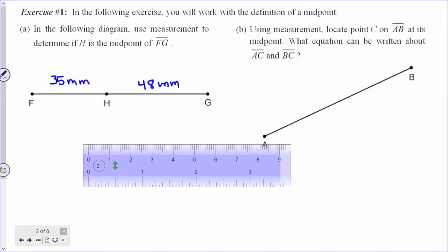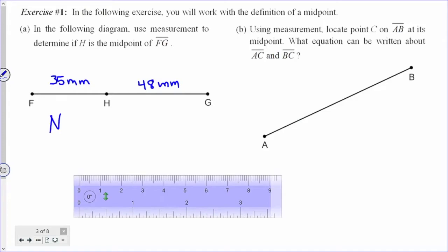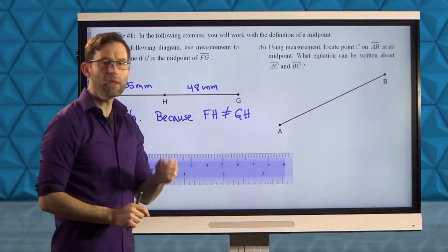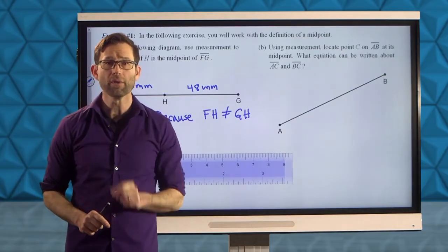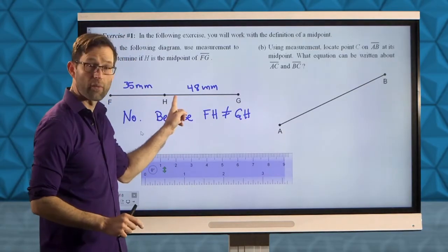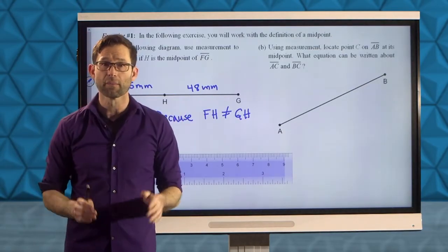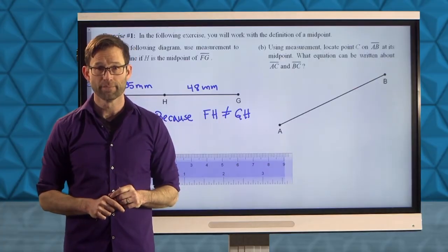So the plain fact is, the answer here is no, and the reason is we would just simply say, because FH doesn't equal GH, right? The midpoint is going to be that one and only point, probably somewhere right around here, on the line segment that would make those two measurements equal.